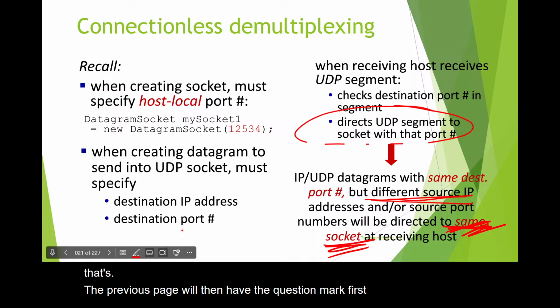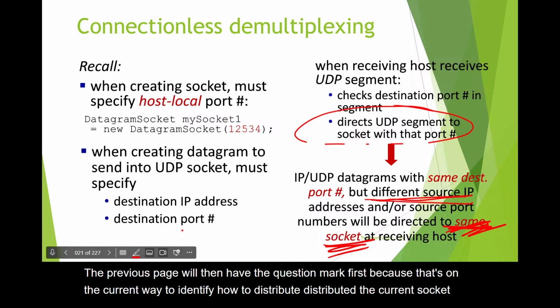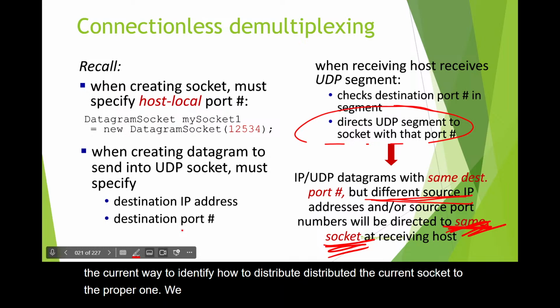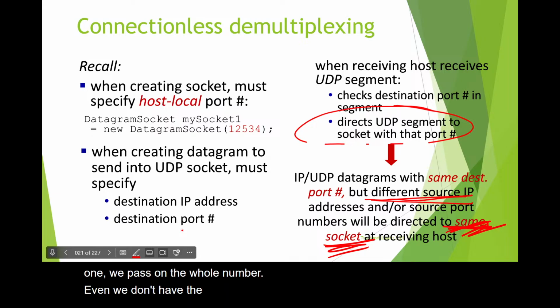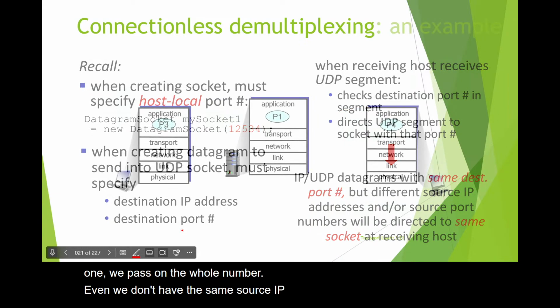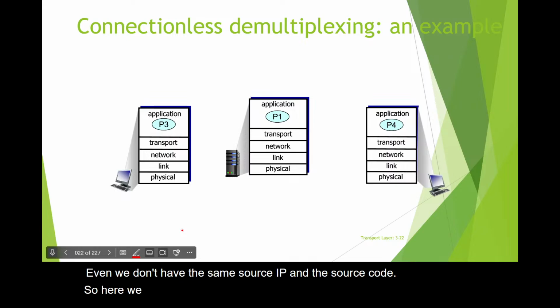Because based on the current way to identify how to distribute to the proper socket, we pass on the port number, even if we don't have the same source IP and the source port.